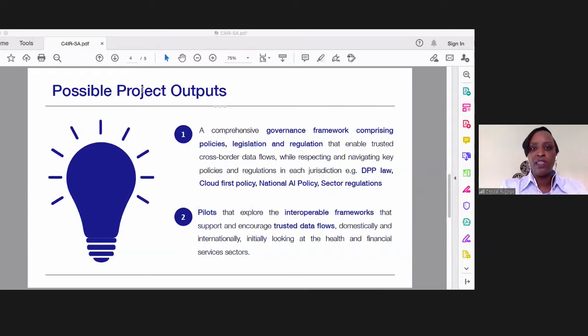We also anticipate that with the outcome of the draft legislation, we'll be supporting the development of sector-specific regulations, existing ones and those that will need to be put in place, to make sure there is alignment to the law and we have a really comprehensive governance framework. And lastly, we'll be looking at pilots that will allow us to demonstrate the value of unlocking cross-border data flows, with an initial focus on health and financial services sectors.